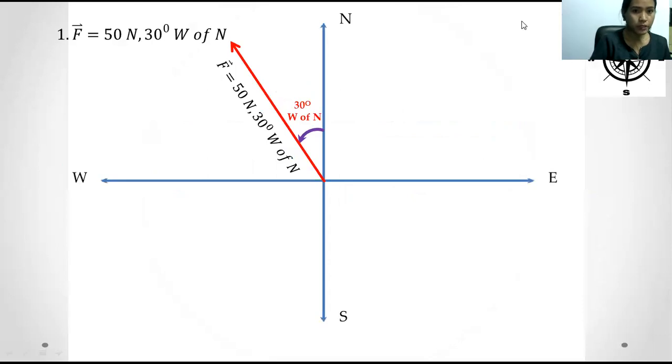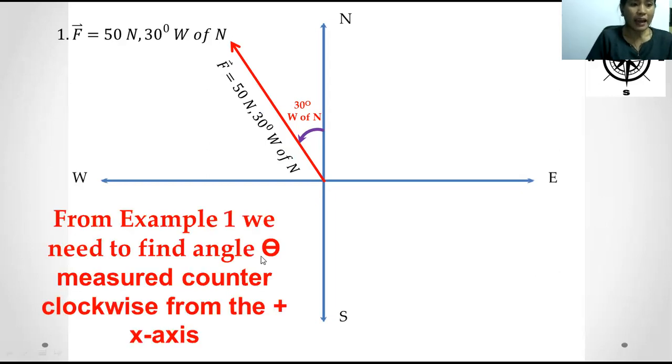Earlier this afternoon, I showed you example number 1. Force is equal to 50 newtons directed 30 degrees west of north. Now, to use the Math is Fun vector calculator, we need to find angle theta. Angle theta here is measured counterclockwise from the positive x-axis.